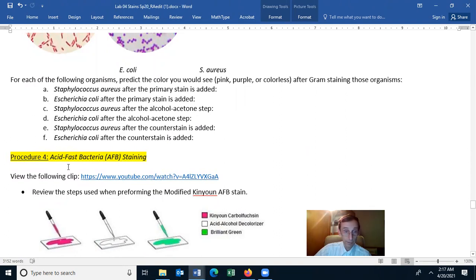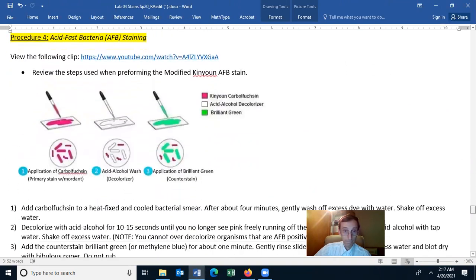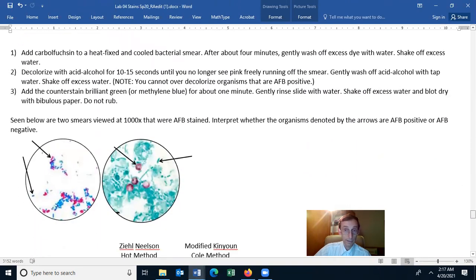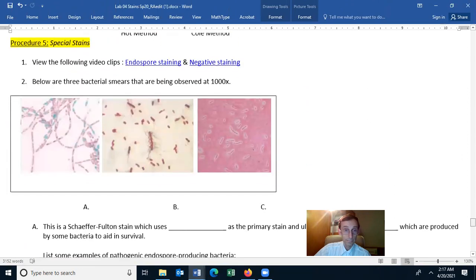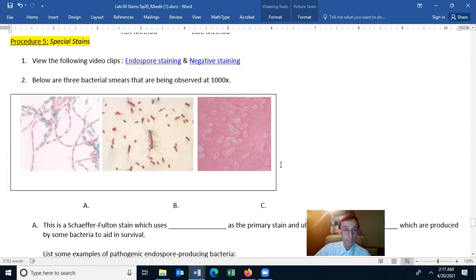And then do procedure 4 on the acid-fast stain. There's a video clip to watch on that. And then answer the questions. And then there's procedure 5, the special stain. We have an endospore stain, a negative stain, and a flagella stain.